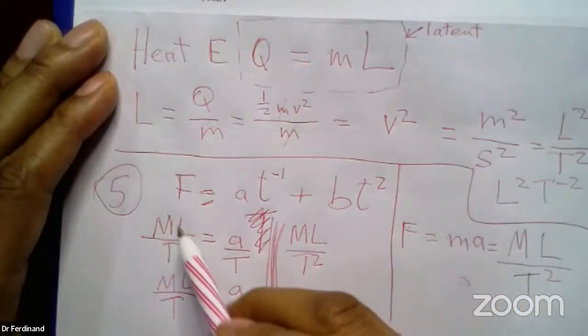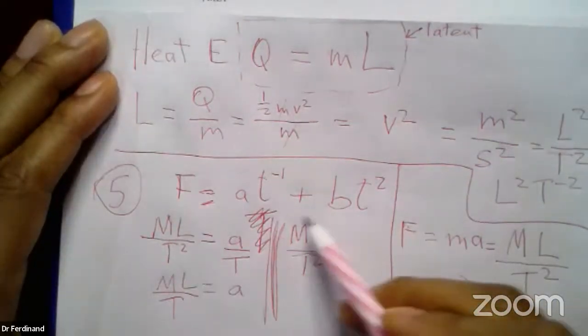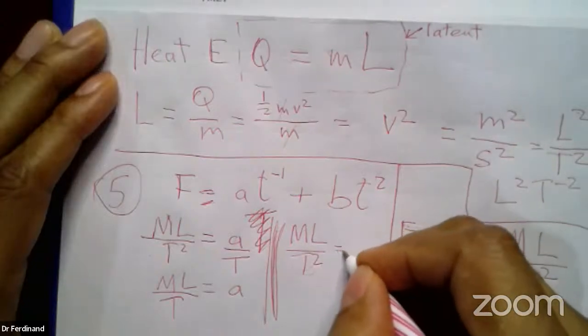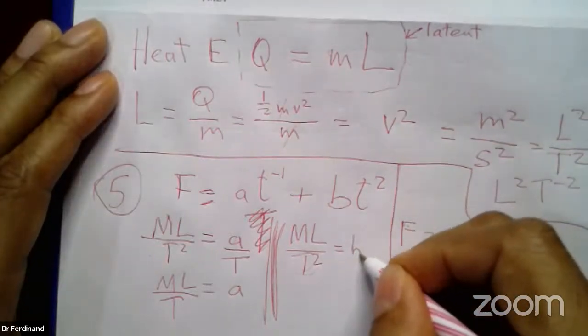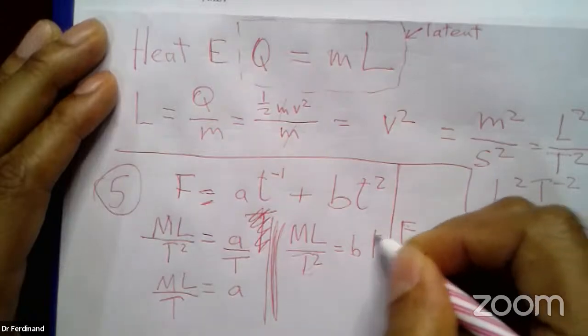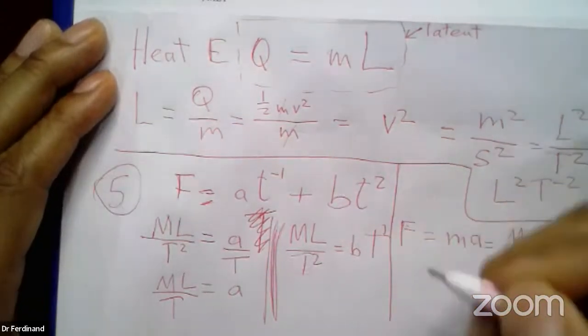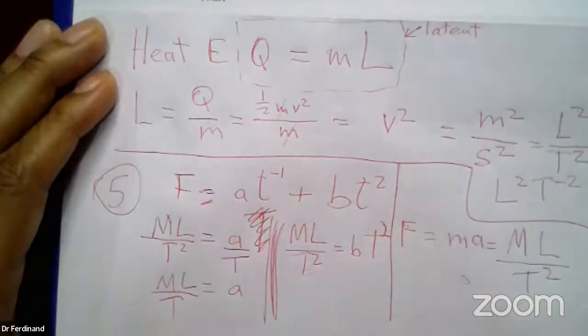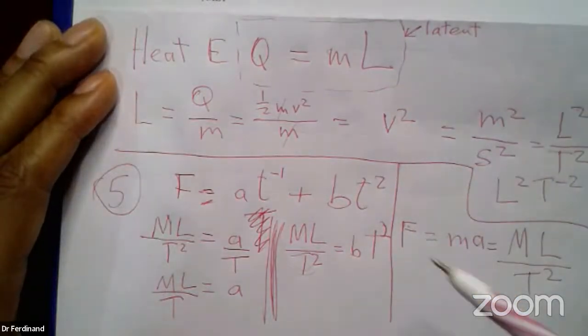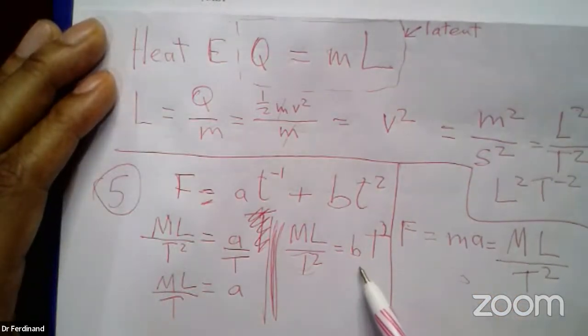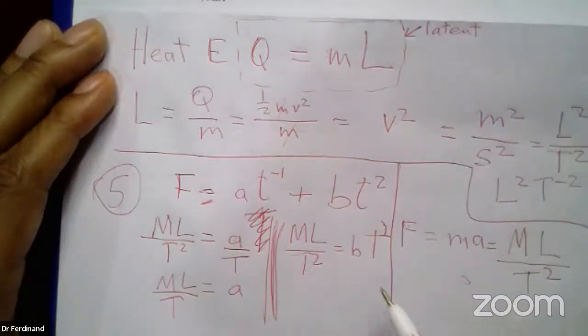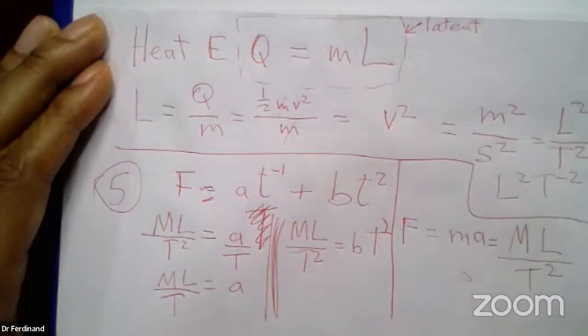So I'm taking the F again. Here's the force again, but this time I'm equating it to B and T squared. So now to isolate B, I'll need to divide both sides by T squared.